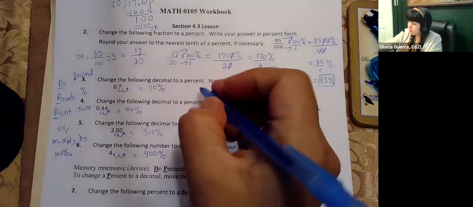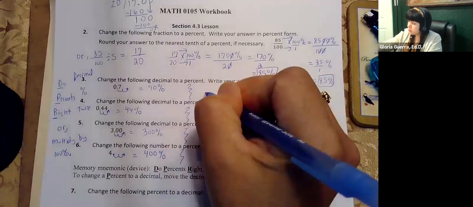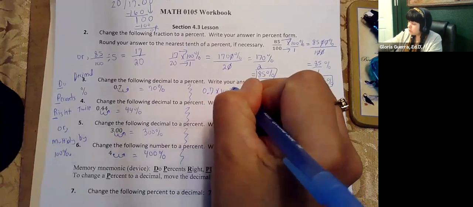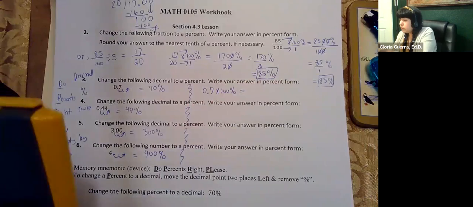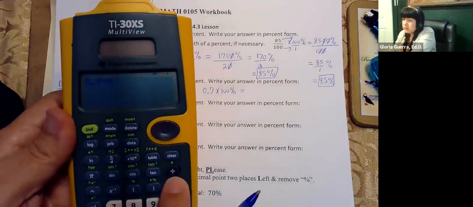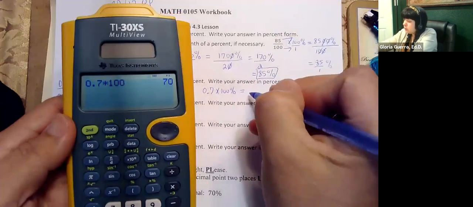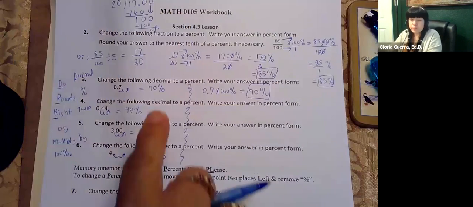So if I have 0.7, I do times 100%. So on my calculator, 0.7 times 100 is 70. And then you have to remember to put the percent symbol. But see, we get the same answer.